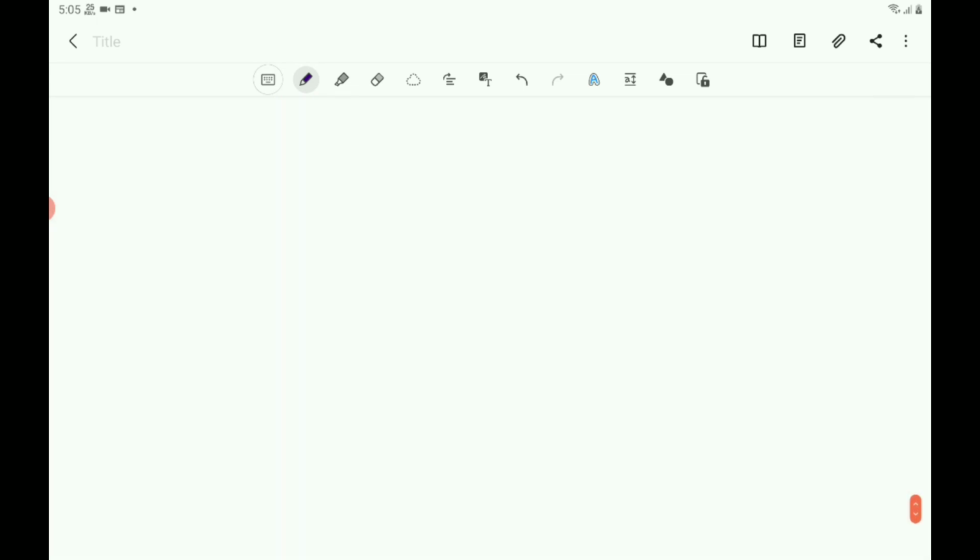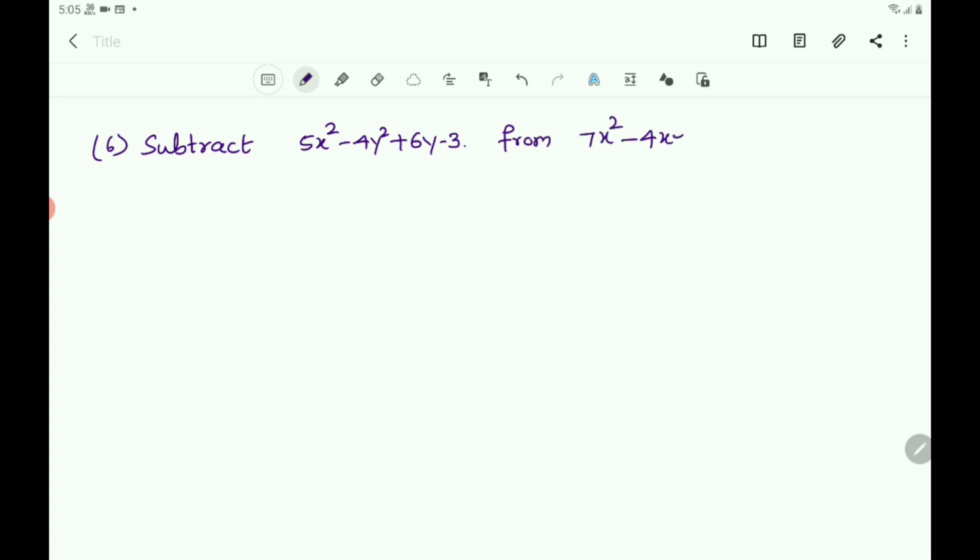Next let us take one more here, that is, subtract 5x square minus 4y square plus 6y minus 3 from 7x square minus 4xy plus 8y square plus 5x minus 3y.